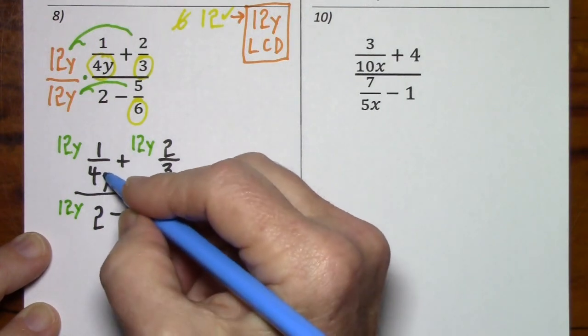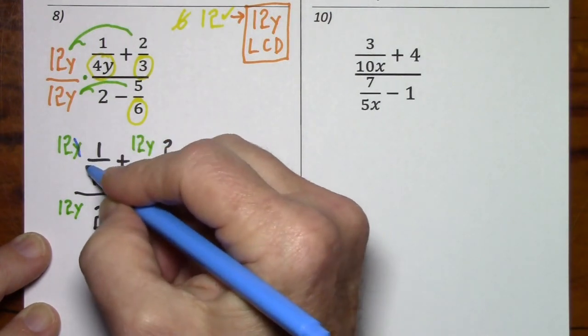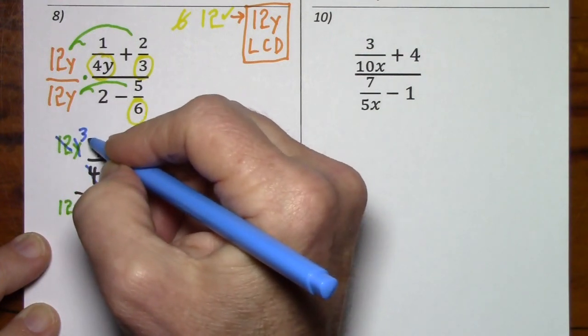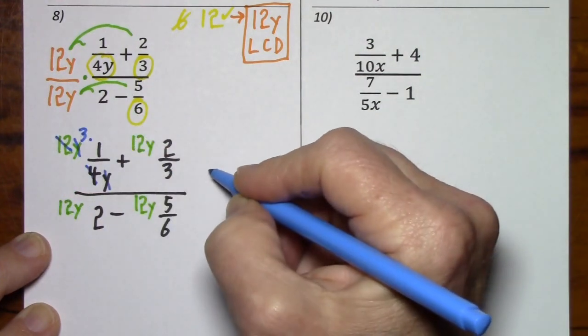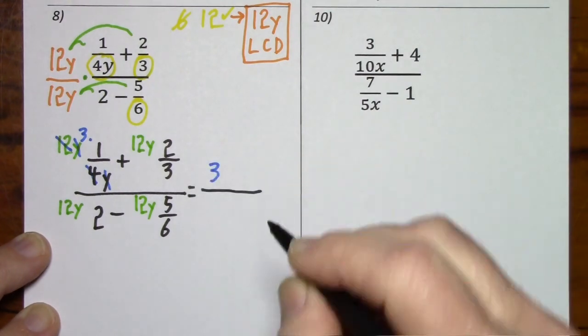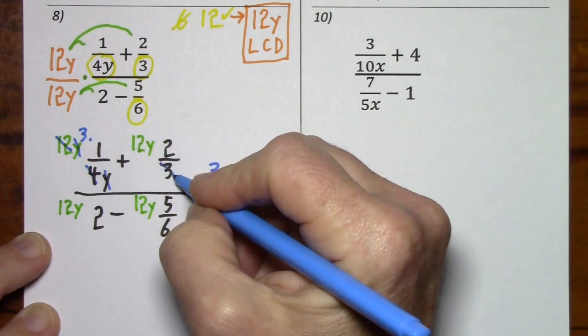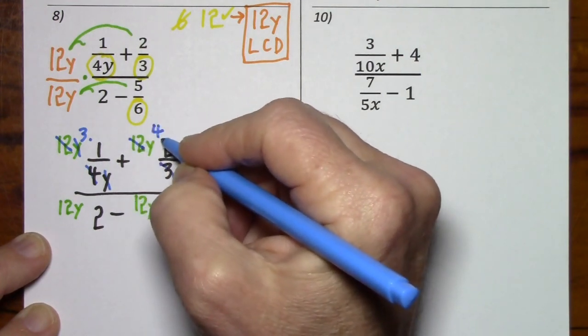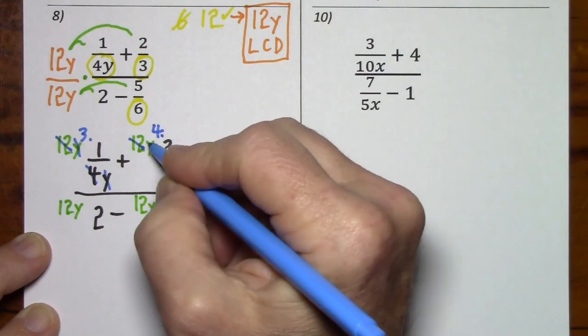Now we'll simplify. Y cancels y. Divide by 4. Divide by 4. Leaves you with 3 times 1. Simply 3. Divide by 3. Divide by 3. Leaves you with 4 times 2 is 8y.